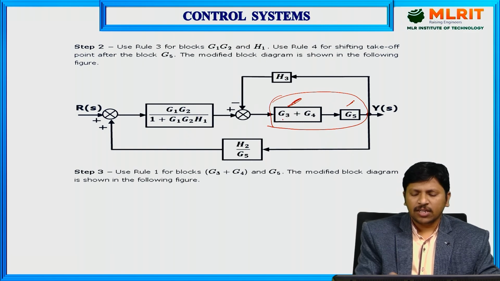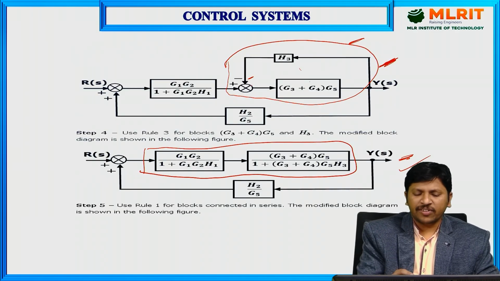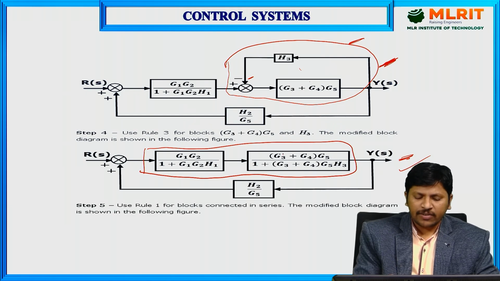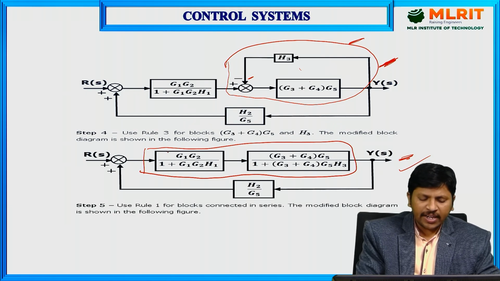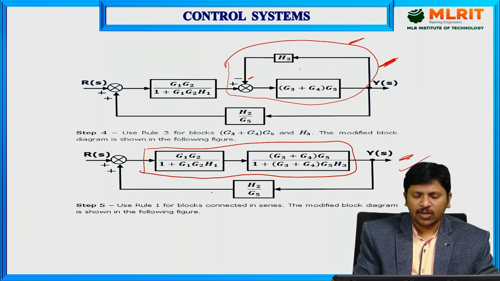Finally, we get G5 of G3 plus G4, and this is again in the form of negative feedback. Now the negative feedback loop is eliminated. Finally, we get this block value, and again these two blocks are in series, so we apply the series elimination rule.